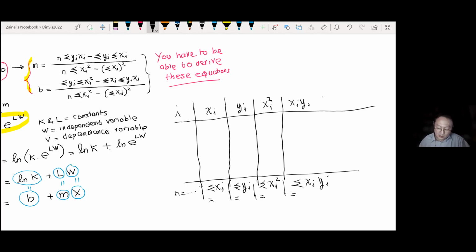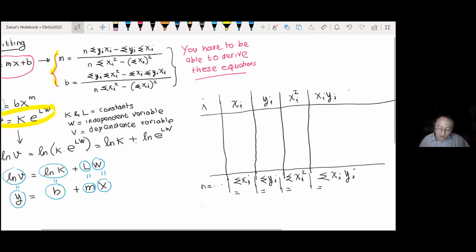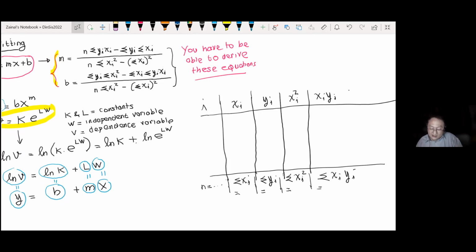Here X is equivalent with W, right? And Y is equal to ln yi.